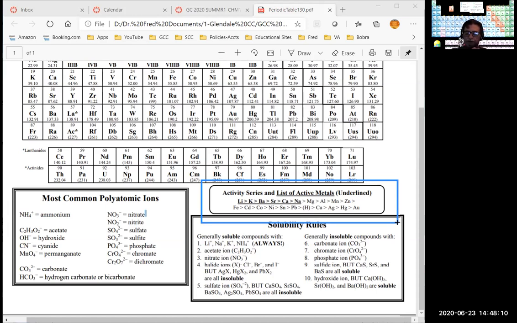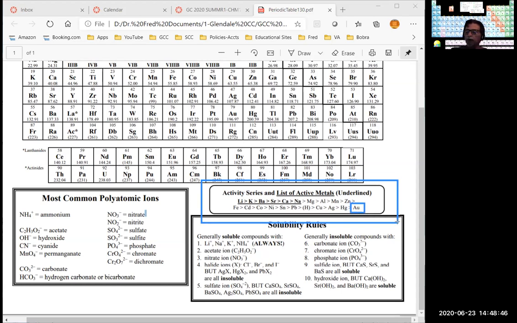What that tells us is which metals are more reactive. So if you look at the list, you see on the top, there's two layers. Normally it would be squished down to one layer, but because of size, it's two lines. The very first metal is lithium. And what that tells you is that lithium is more reactive than potassium, which is more reactive than barium. And if you keep going, the least reactive element here is Au, gold.